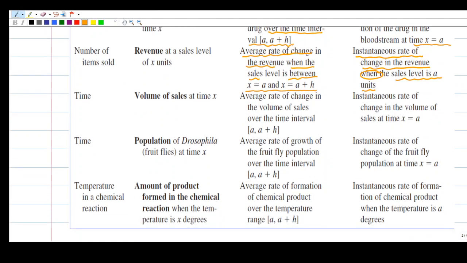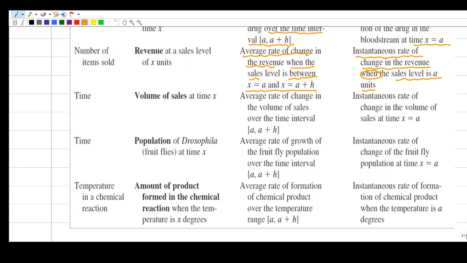The input variable is temperature in a chemical reaction. The output variable is amount of product formed in the chemical reaction when the temperature is at x degrees. You need to go through the third and fourth columns and see what each of them measures, the expressions that are above the third and fourth columns.